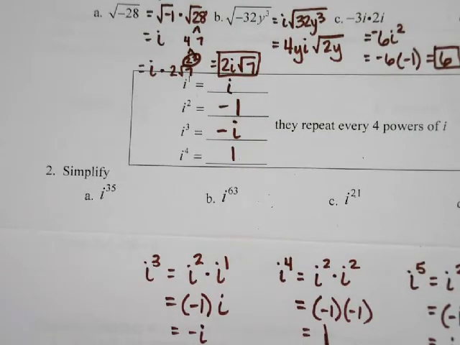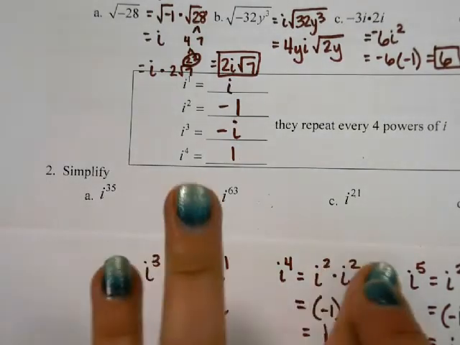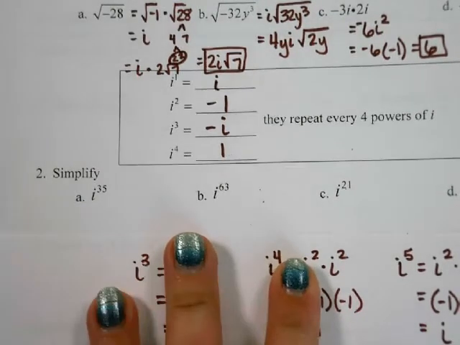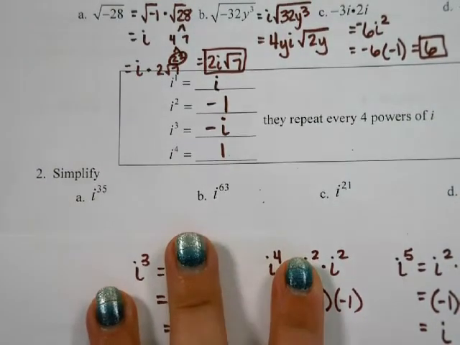No. Is 32 divisible by 4? Yes. Well, how many times did we go backwards? 3, right? It was 32. Oh, I shouldn't do that for the class. You guys at home, I'm sorry. 32, 33, 34, 35. So this is the same thing as i to the 3rd.